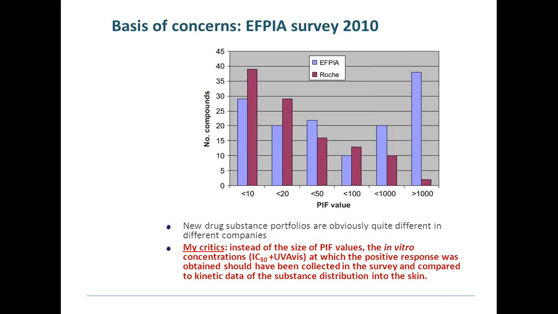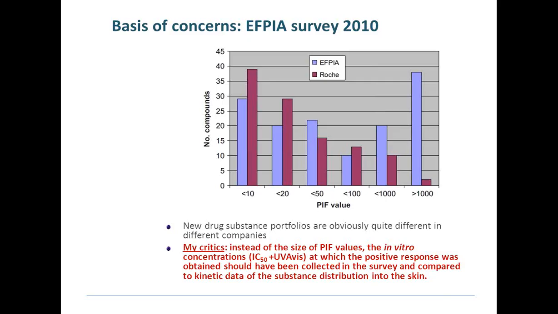So this is also from the FPR survey, a distribution of the PIF values across all tests, all 361 tests. And you see that the distribution is quite different.